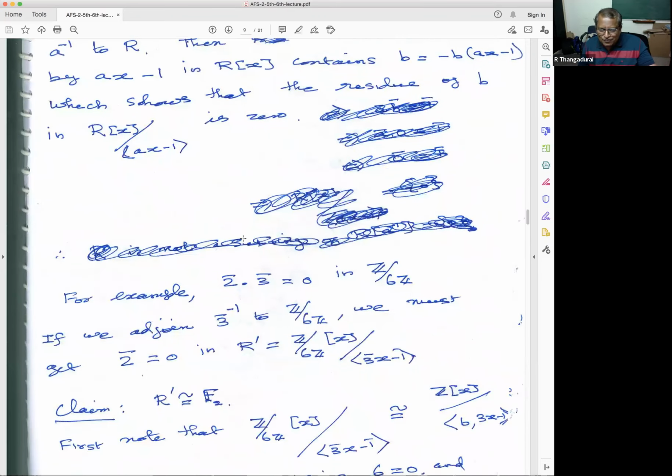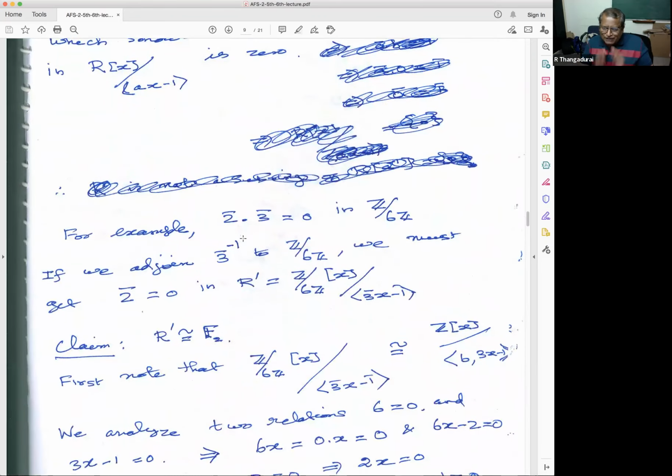We are seeing only a counterexample, so we give an example. In Z mod 6Z, we have two non-zero elements, 2 times 3 is 0. We try to adjoin 3 inverse to Z mod 6Z.